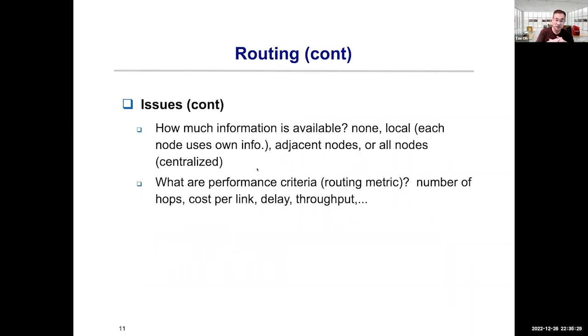So another thing in the route is how much information is available. You have to determine that. Is there no information available? Is it local, where each node has its own information and doesn't share? Or you have information about adjacent nodes, or one node for centralized.